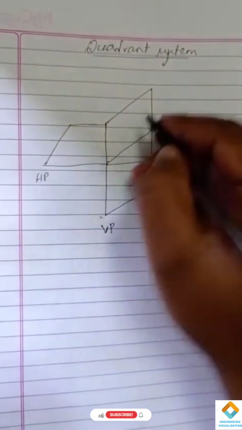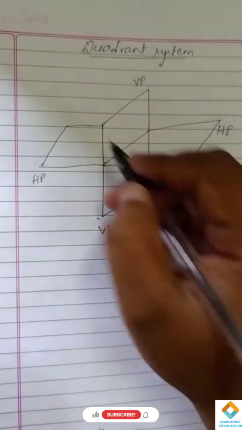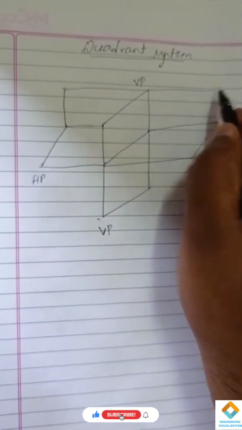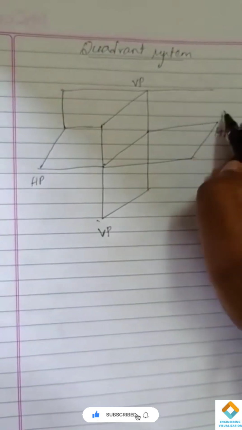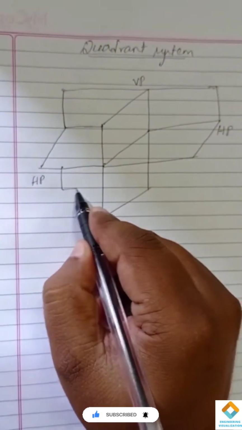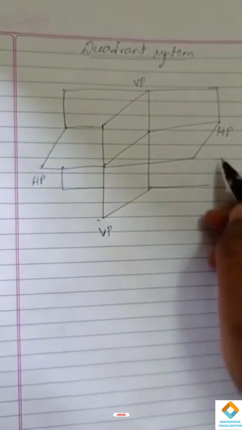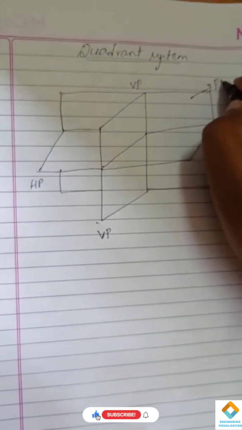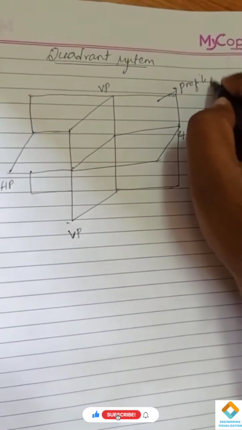You can see both the vertical plane and the horizontal plane, and it is folded or comprised of the profile plane. It looks like a plus mark. Now we can define this as the profile plane.